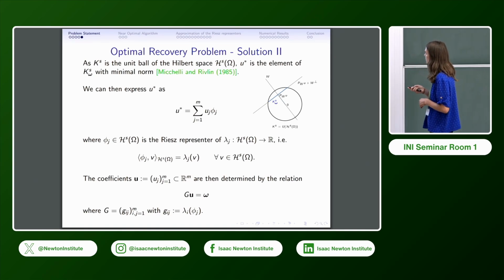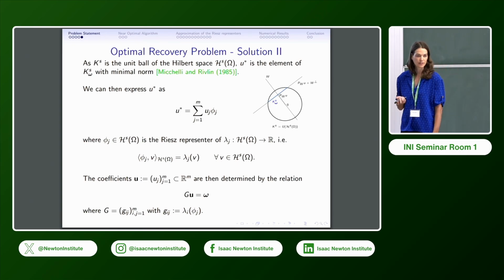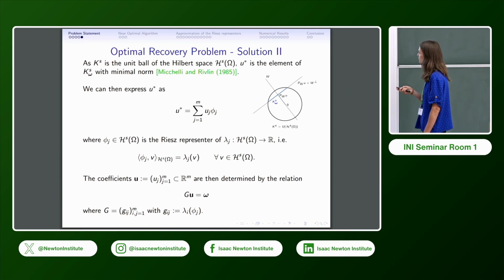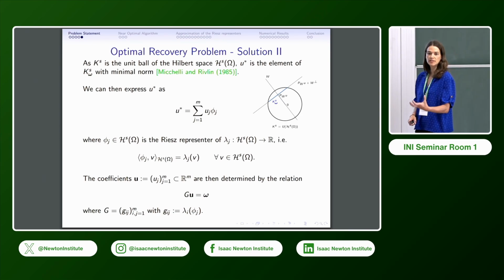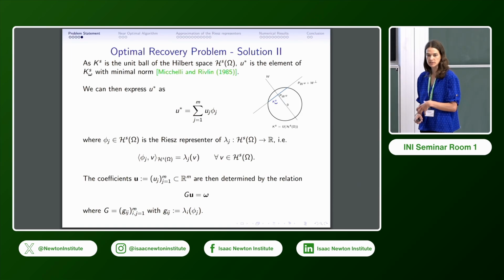So here that will be a key part in what follows. This phi j will be my Ritz representer of my measurement functionals. And so the phi j will be an element in my space Hs, harmonic with trace in Hs, that is the Ritz representer of the measurement functional lambda j when we see them as functionals on Hs.